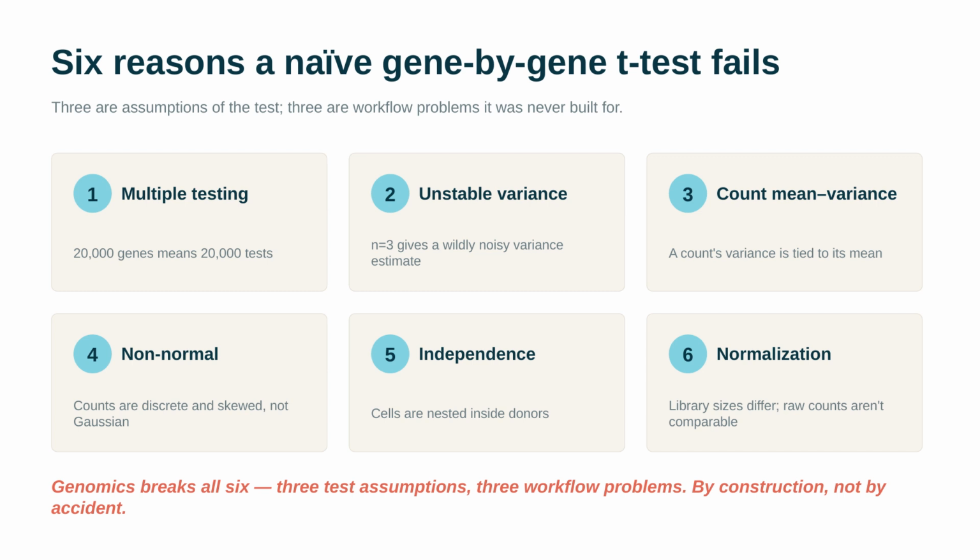Your raw counts need library size normalization before they are comparable, and a count's variance is tied to its mean. Put those together and you get 6 reasons a naive gene-by-gene t-test fails on genomics data. Genomics breaks all 6 structurally, by construction. That is what the rest of this video is, 6 failures, in order, and the repair for each.